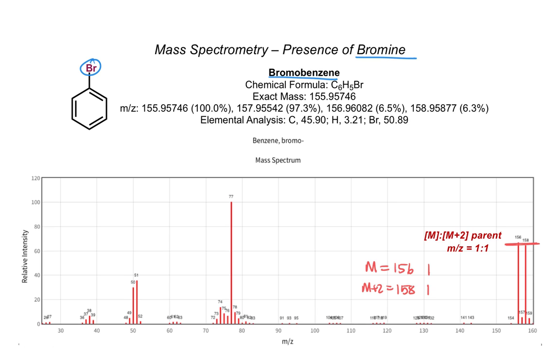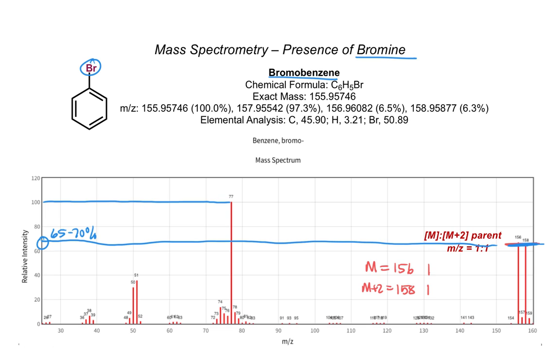Now keep in mind, if you draw the line over to the abundance axis, they're hitting somewhere around 65 to 70% abundance. But relative to each other, they're 1:1. The most abundant peak is at 77. And remember, that has a different name. That's called the base peak. So with chlorine and bromine, it's a visual thing of looking at the parent.